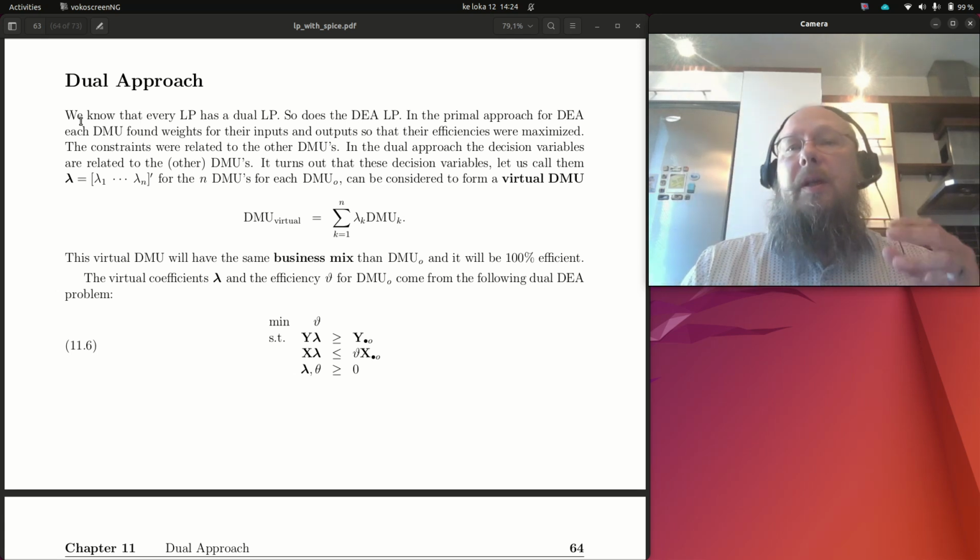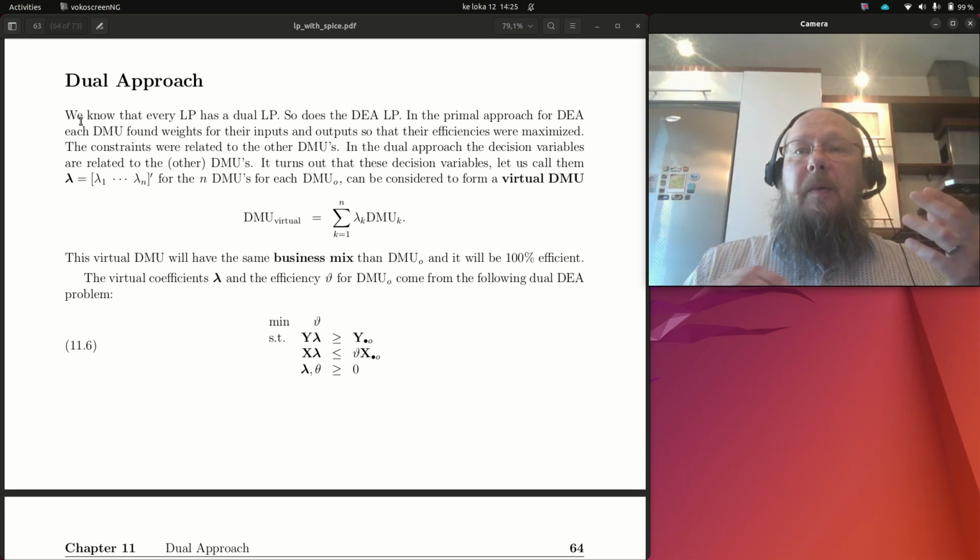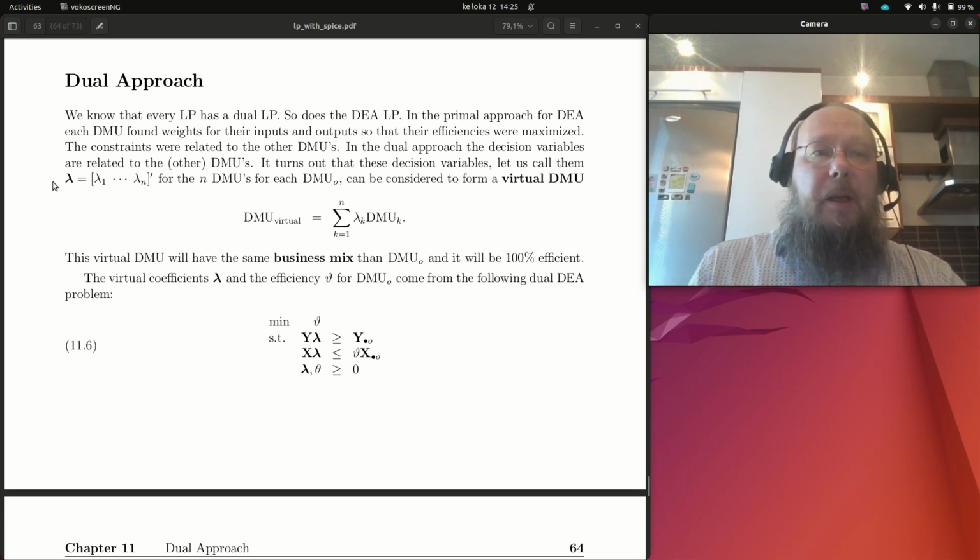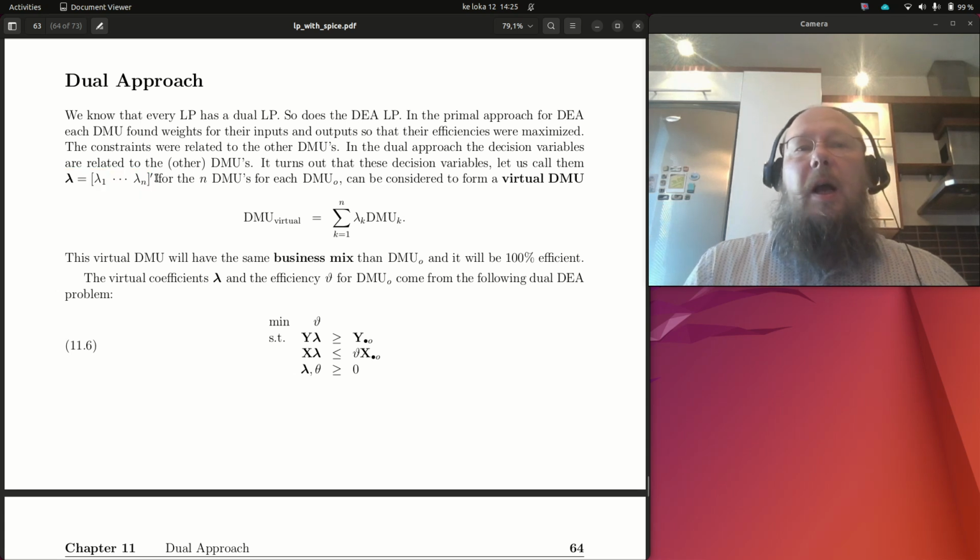So now we know that in the dual approach, the constraints become the variables and vice versa. So in this dual approach, we have decision variables that are in this business typically called lambdas. So we have n decision variables and they are all connected somehow with these DMUs.